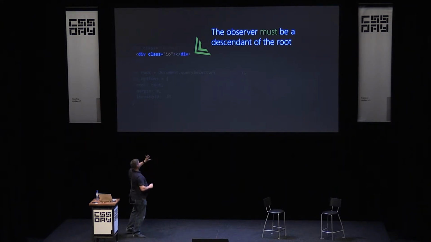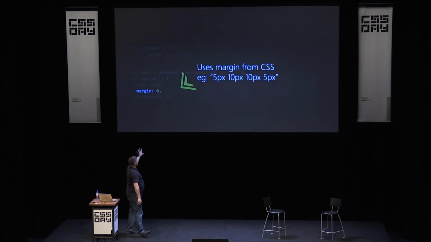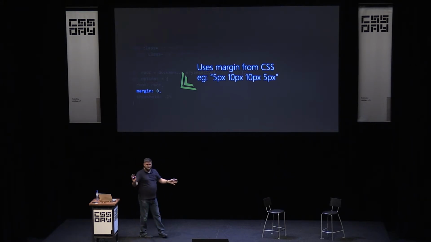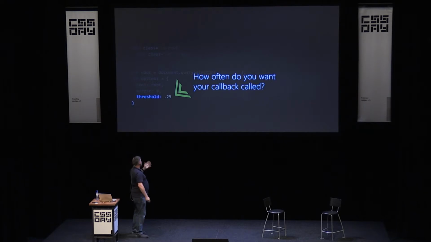So if you happen to be using a browser that supports the older aspect of the specification, you may be able to put it anywhere, but technically per spec, it needs to be a descendant of the root. The margin here uses CSS margins, which we're all used to: top, right, bottom, left. And then the threshold, you can define how often you want your callback to be called when the box is intersected. In this case, once it's 25% intersecting, we want our callback to be called.